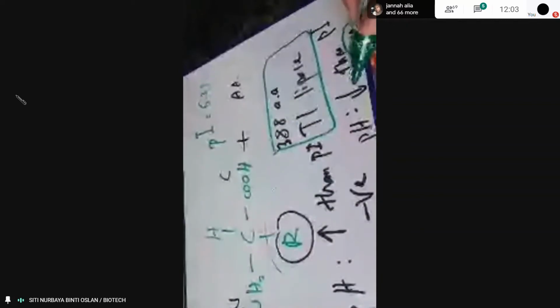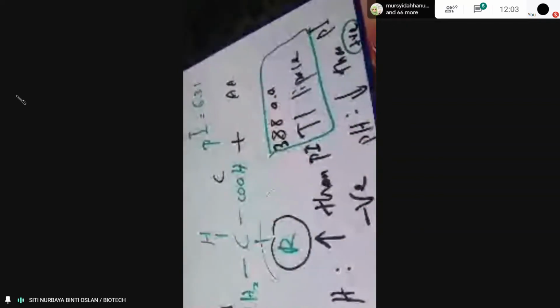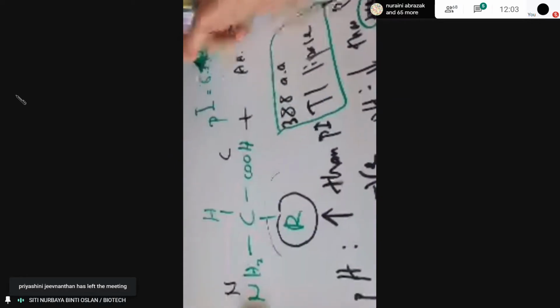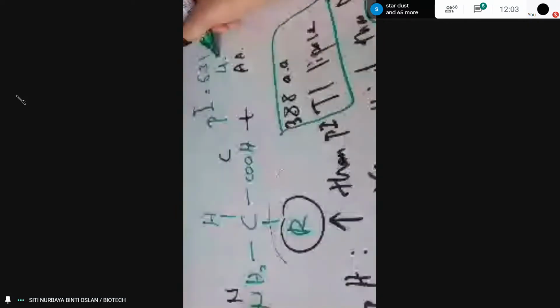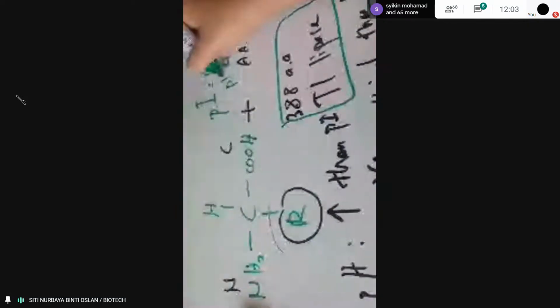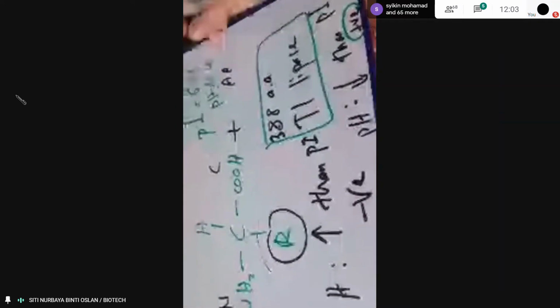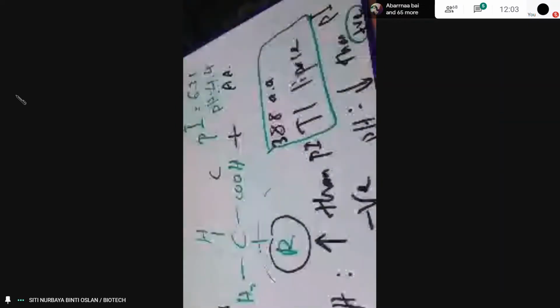Yeah, it depends on how much charge we want. If the pH is too low, that means the strength of the positive charge will be higher. For example, the PI is 6.31, but if we choose pH 4.4, can you imagine how positive our protein will be, right?